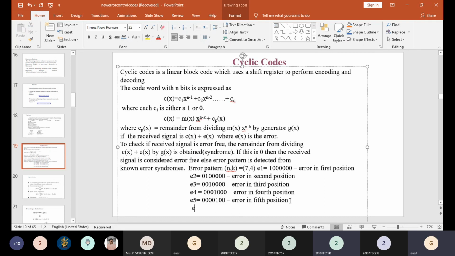E6 is equal to 0 0 0 0 0 1 0, an error in the sixth position.